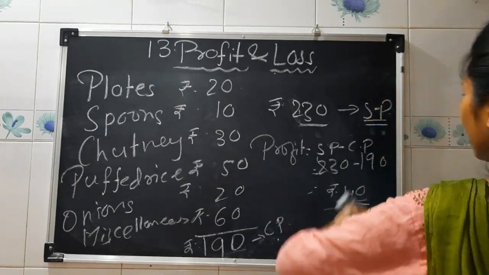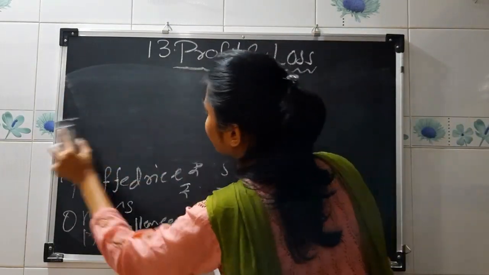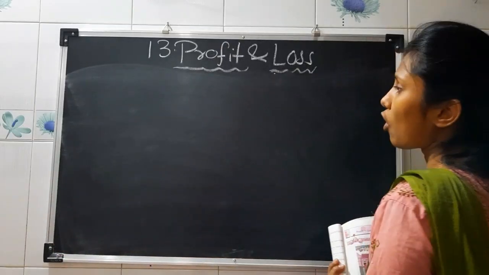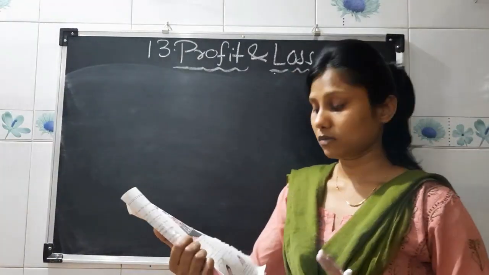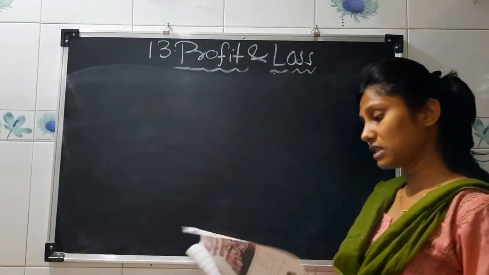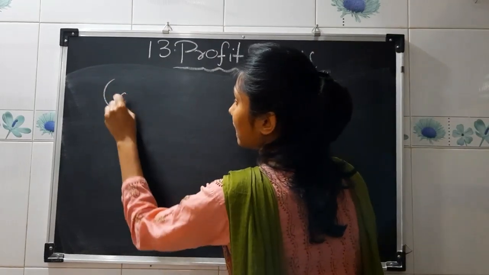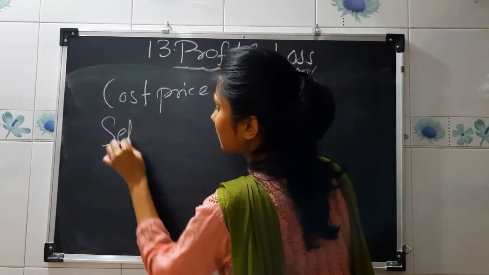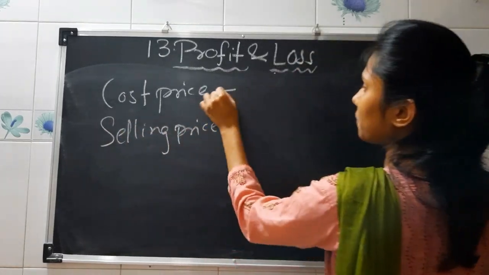So profit and loss depends on two important things, which are cost price and selling price.